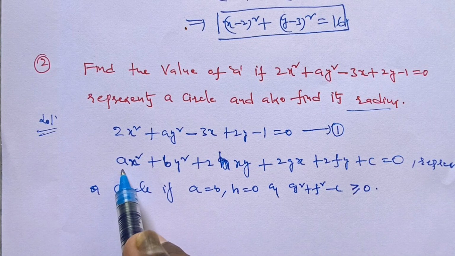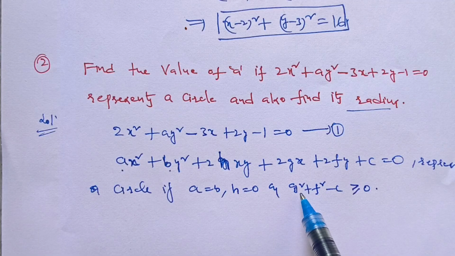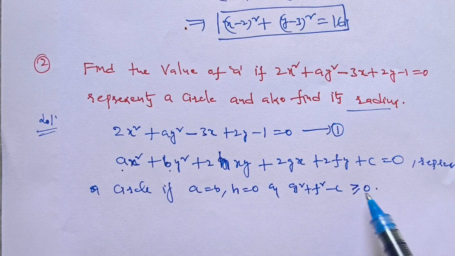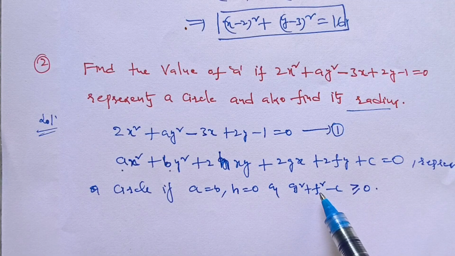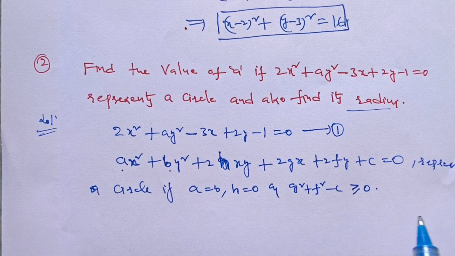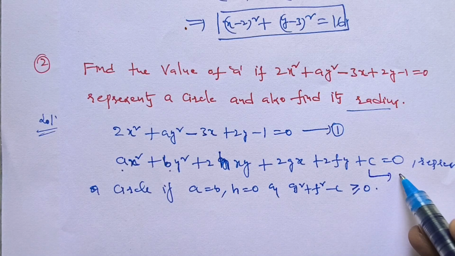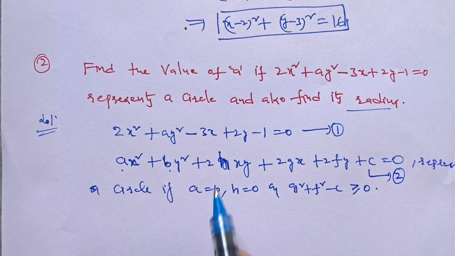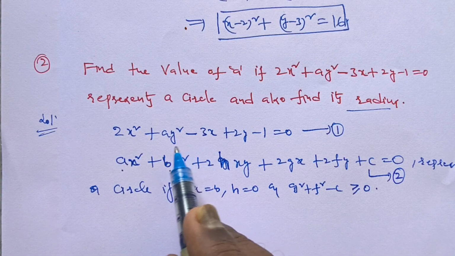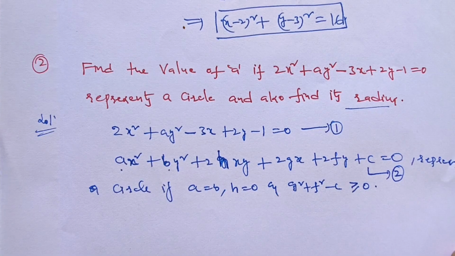What are the conditions? A equals to b. Here h value should be 0 and g square plus f square minus c, this is the radius formula, is always greater than or equals to 0. By using this formula we find the value of a here and radius also.